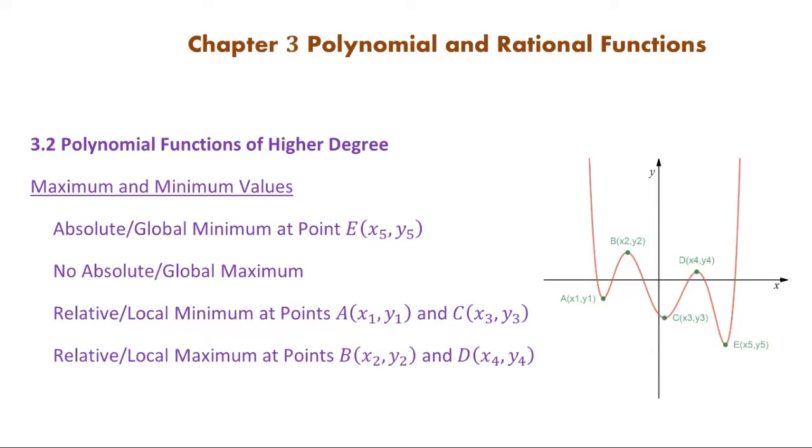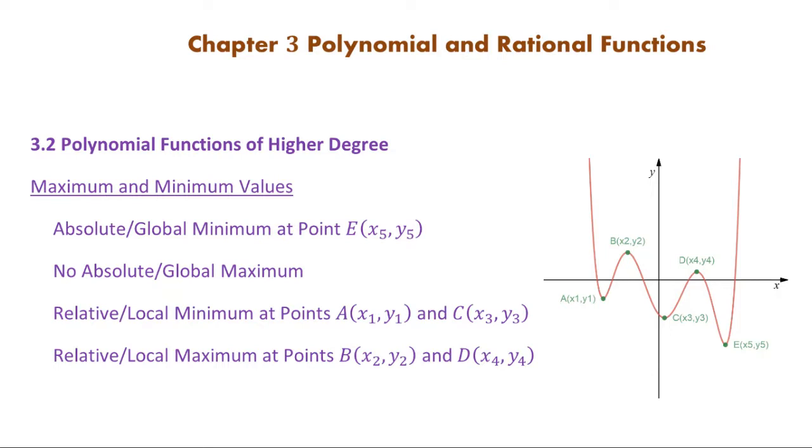We can discuss the maximum and the minimum, and we can characterize the minimum or maximum into different types. One type is called the absolute minimum or absolute maximum. Or sometimes they're called the global minimum or global maximum.